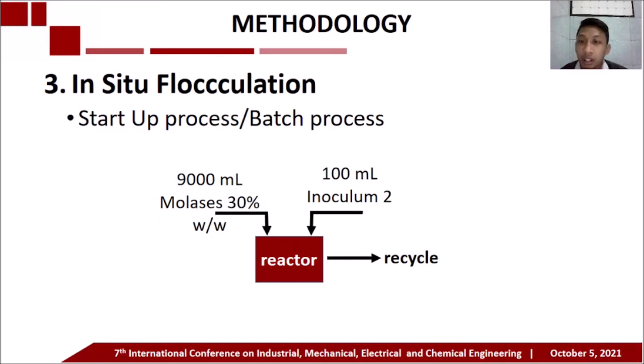The start-up process was run to reach a cell density of 1 multiplied by 10 to the power of 8 cells per milliliter or higher, which was the time to add flocculant into compartment B.